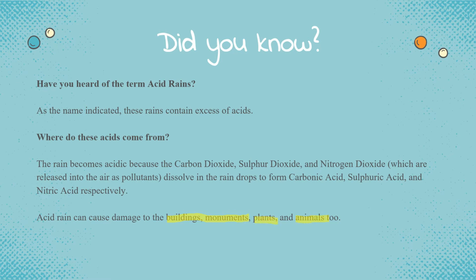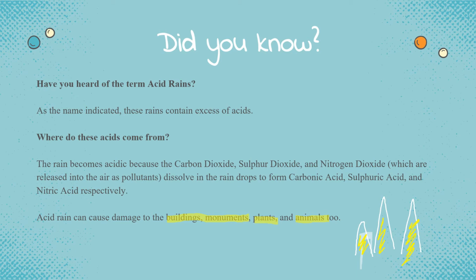A famous example of a monument getting damaged by acid rain is the Taj Mahal. In fact, the Taj Mahal used to be white, but because of acid rains, it has started turning yellowish in color because its marble has been damaged.